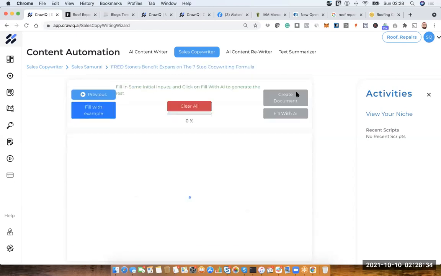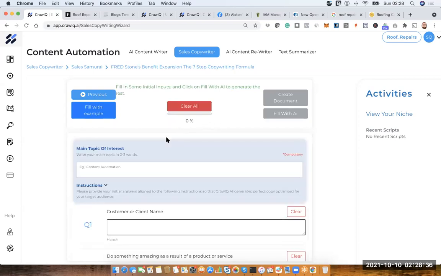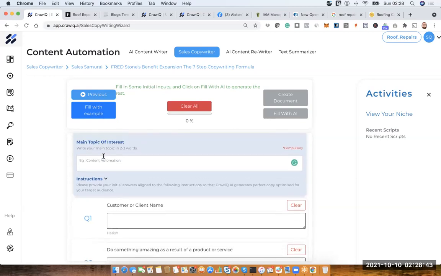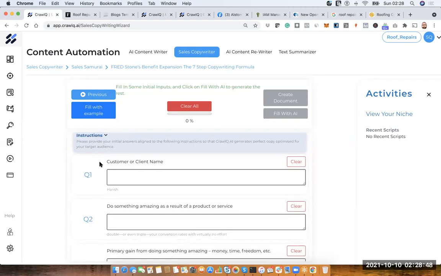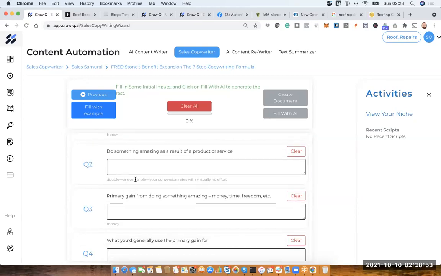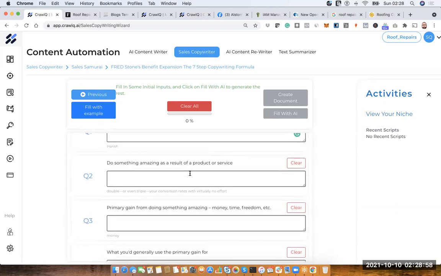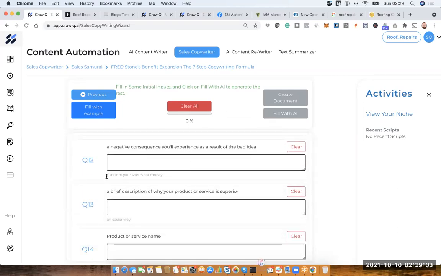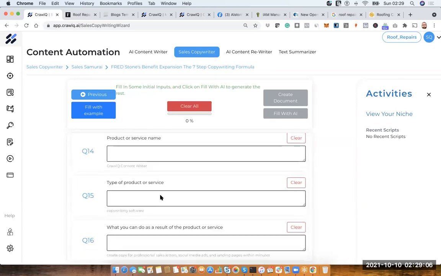So what happens here is this is again based on the question answer system. You answer your main topic. Again, you can be very conscious of the SEO, so make sure that you use the right topic here. You provide three, four answers to this question, and then you can do fill with AI. Now, it's an initial investment. If you make sure that your answers are correct and they are as expected based on the example, when you save, this information also goes into the database.